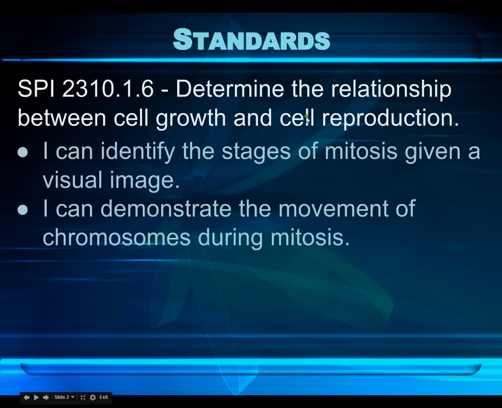Now we're going to talk about the reproduction part of the cell cycle, and you need to be able to identify the stages of mitosis given a visual image. The best way to do that is to know the locations of those chromosomes because they're the most visual part of the stages. You also need to be able to demonstrate the movement of chromosomes during mitosis, so describe how those chromosomes move.